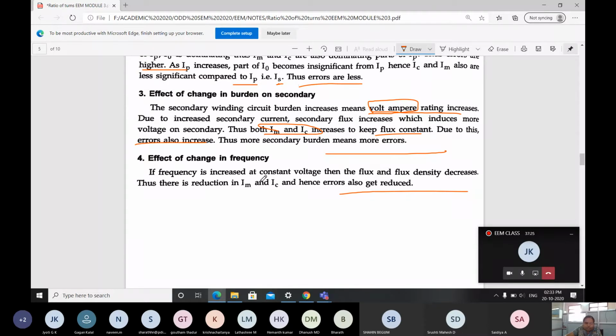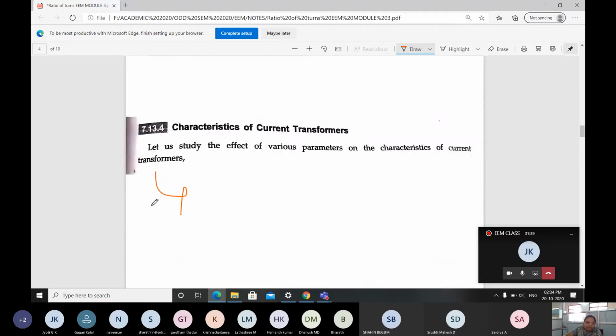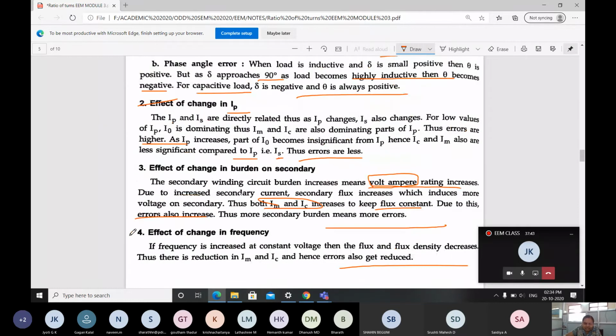These are the characteristics. This will be asked for 4 marks only. Just remember the highlights of these.